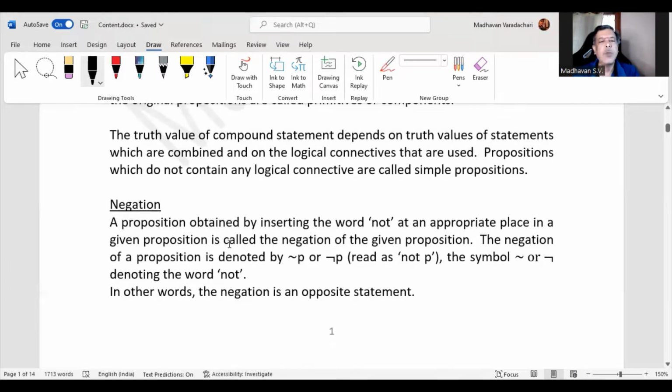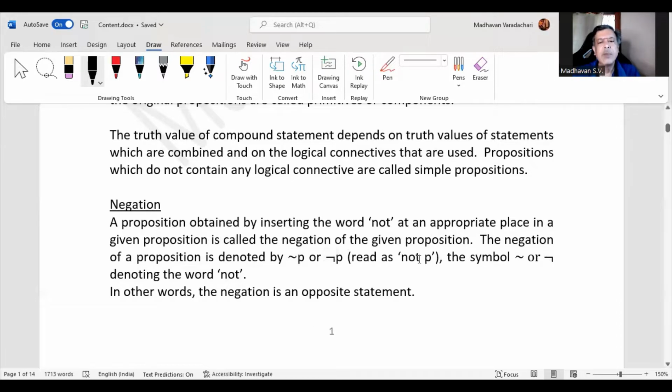A proposition obtained by inserting the word not at an appropriate place in a given proposition is called the negation of the given proposition. The negation of the proposition P is denoted by this symbol, an approximate symbol, or this symbol.